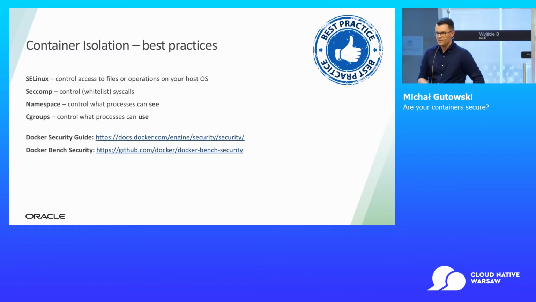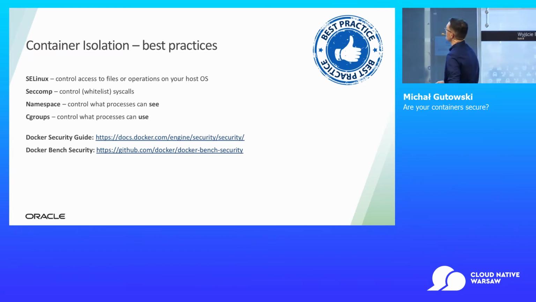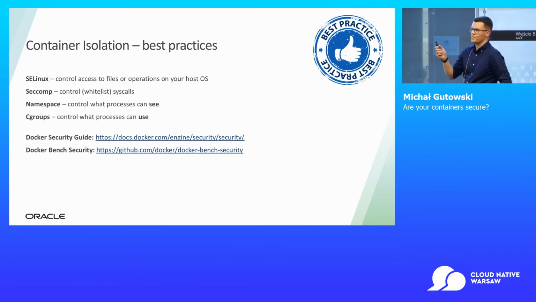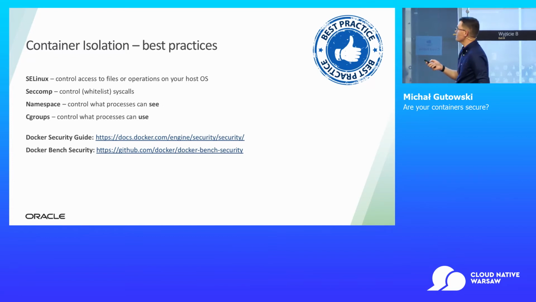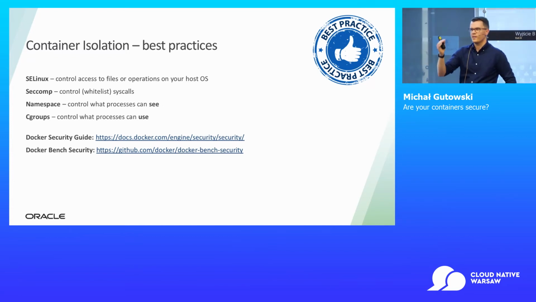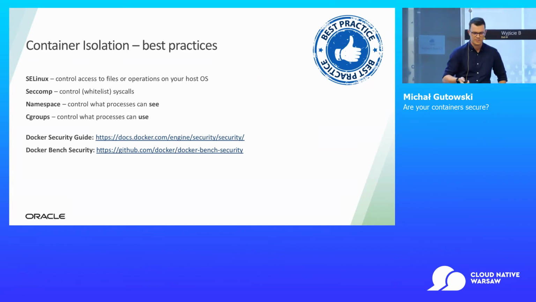And there's a good starting point. Actually, the Docker security guide, which was released a long time ago, after they said that Docker is secure by default, contains very good security explanations of Docker and containers. Docker Bench for Security is a small project that allows you to scan your containers and tells you what mistakes you've made and what you need to change to make the environment more secure.